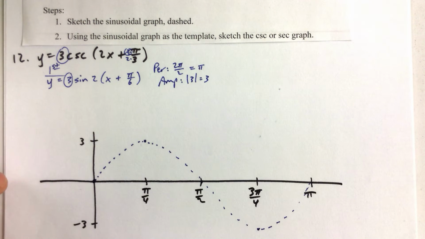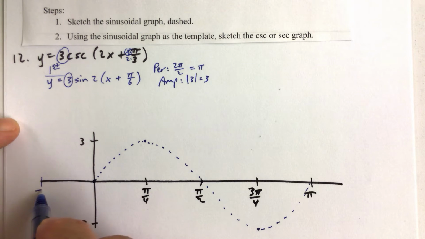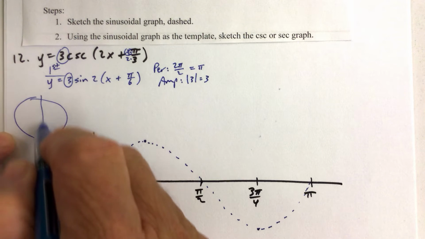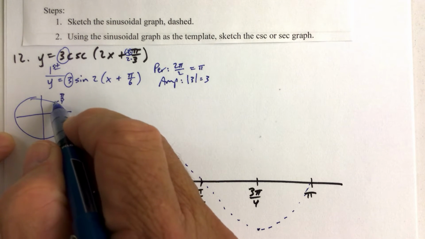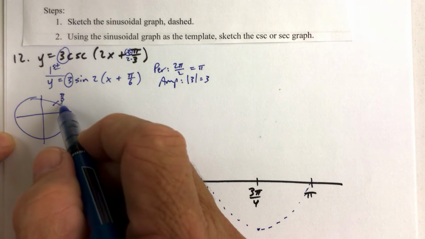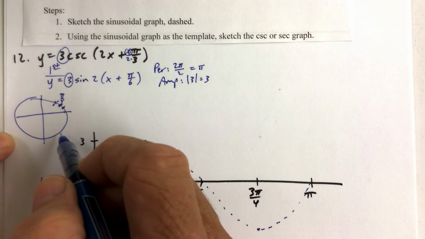So this is kind of the tricky part, and pi over 6 radians to the left, if you think about the unit circle, if pi over 4 is there, we talked about this in an earlier video. So if we think about pi over 4 and how that relates, if pi over 4 is the halfway point between 0 and pi over 2, then pi over 6 would be 2/3 of the way to pi over 4.